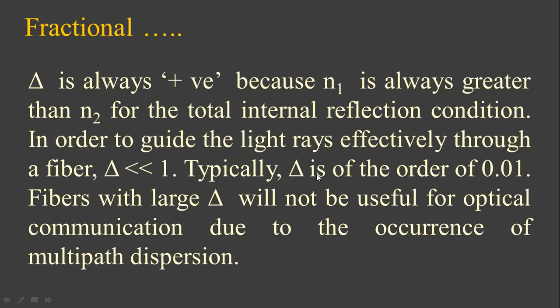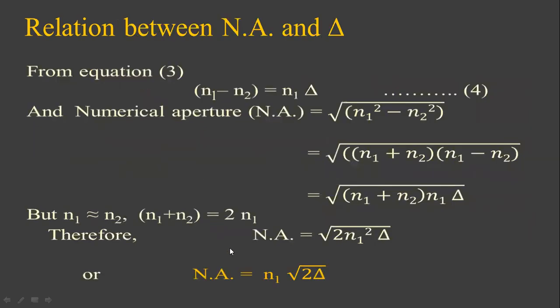Typically, this delta is of the order of 0.01. Fibers with large delta will not be useful for optical communication due to the occurrence of multipath dispersion.